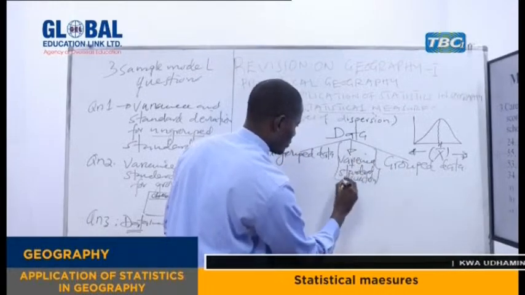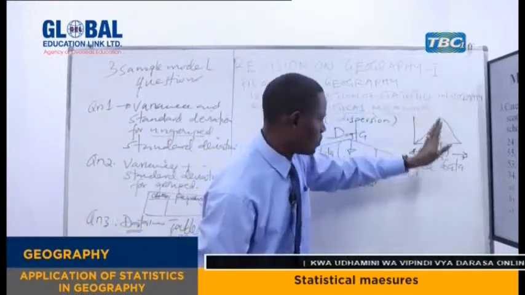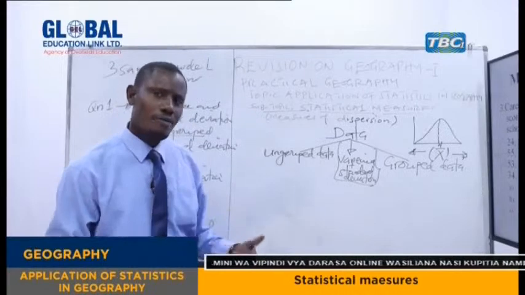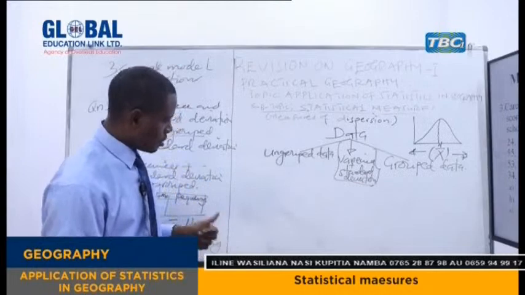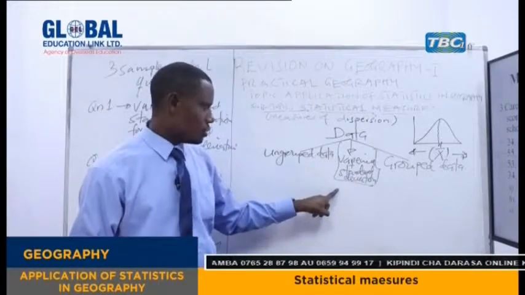Those are the center of our questions. We're talking about the measure which shows how the data have been distributed along the mean. So I just want to have a general revision which will guide us so that we can proceed.